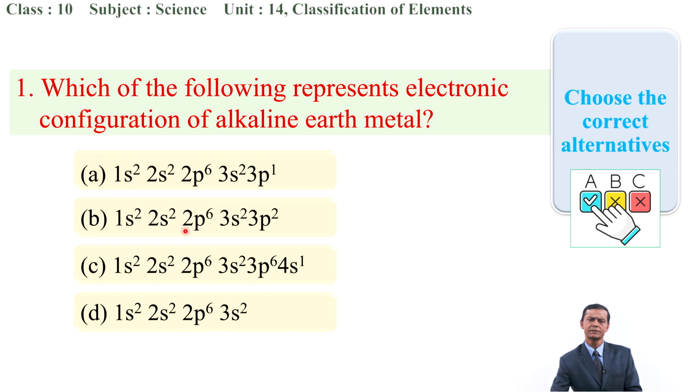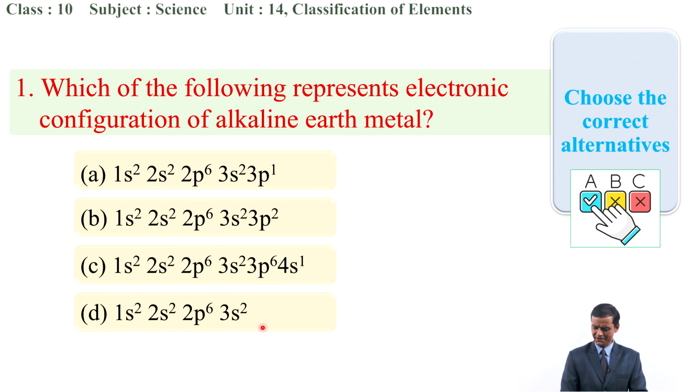1s2, 2s2, 2p6, 3s2, 3p2. Yes, remember what is the group of alkaline earth metal? Third one is 1s2, 2s2, 2p6, 3s2, 3p6, 4s1. Is it correct? Or the last one is 1s2, 2s2, 2p6, 3s2. Is it correct?